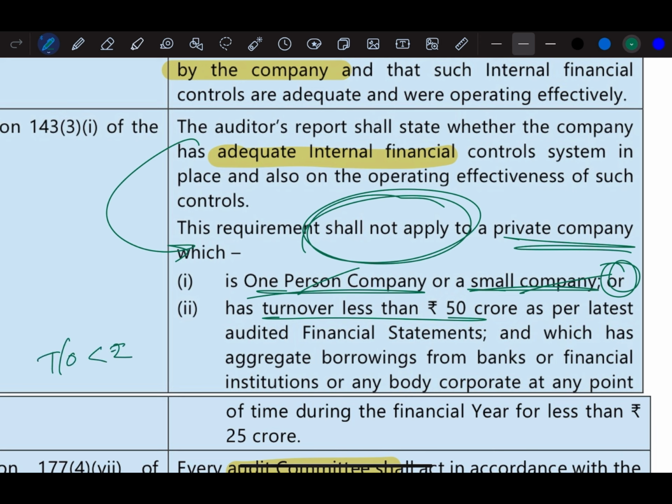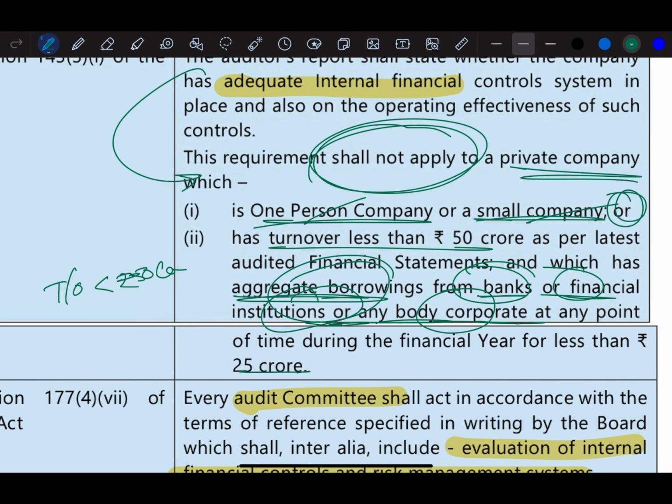And also its aggregate borrowings from banks or financial institutions or any body corporate at any point are less than 25 crores.